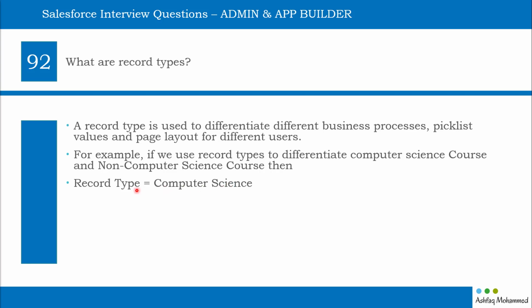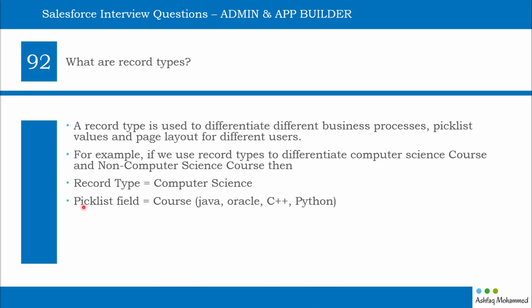So I will create a record type, create a page layout and assign this page layout to the computer science record type, so that only fields related to computer science will be displayed on this page layout. This is the first important thing regarding the record type.